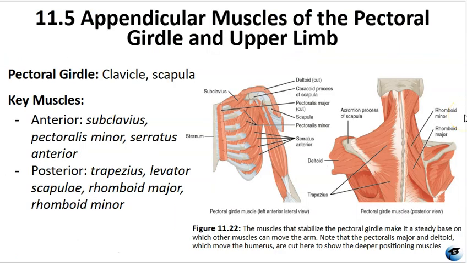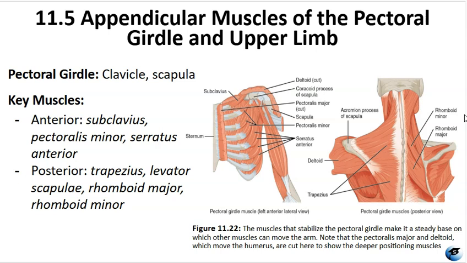Several muscles are responsible for stabilizing and positioning the pectoral girdle, and they are located on the thoracic region of the body. On the anterior side, these include the subclavius, which lies just beneath the clavicle, the pectoralis minor, a thin triangular muscle located beneath the pectoralis major, and the serratus anterior, which appears as a series of finger-like projections along the ribs.